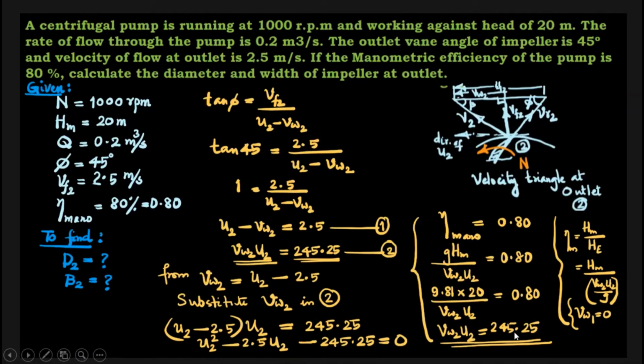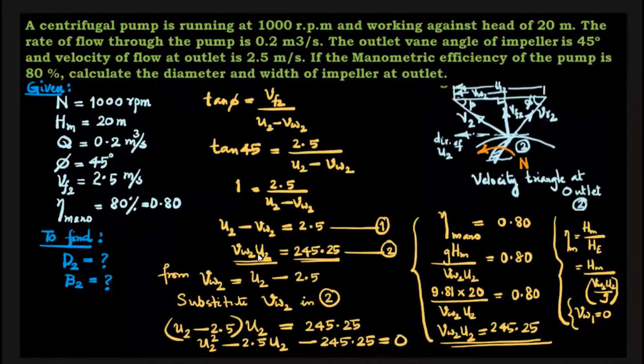We will not be able to separate VW2 and U2, so we get the product VW2 U2 that is equal to 245.25. Please verify these calculations. Let it be equation number 2: VW2 U2 is equal to 245.25, and U2 minus VW2 is equal to 2.5.